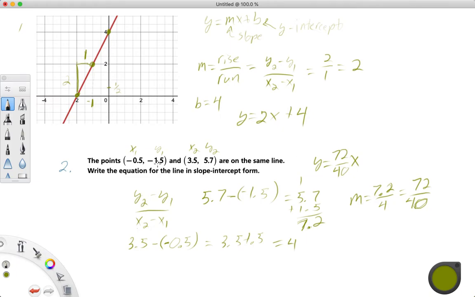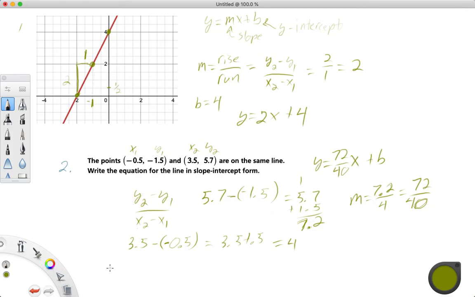Okay, and then we need to find our b still, right? When x equals 0, y will equal b, but we don't have an equation. All we have are some data points. And so let's go ahead and use our y1 and x1 and plug those in for our y and our x, and then solve for b that way.